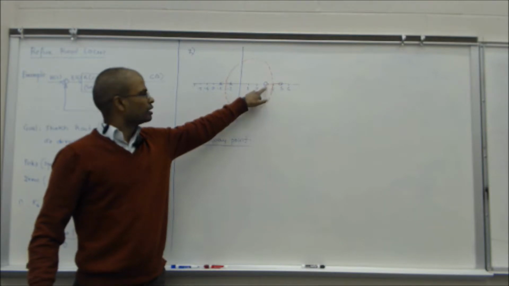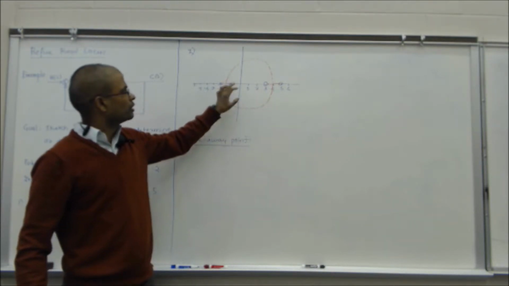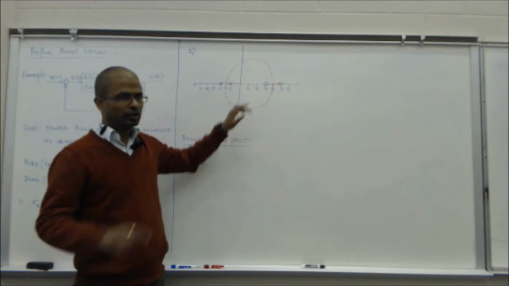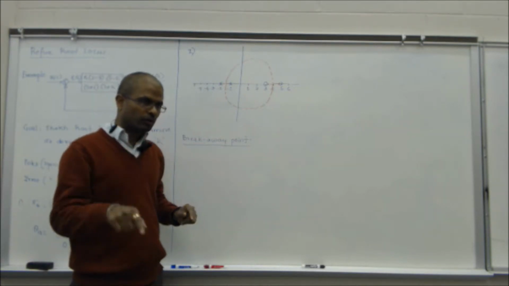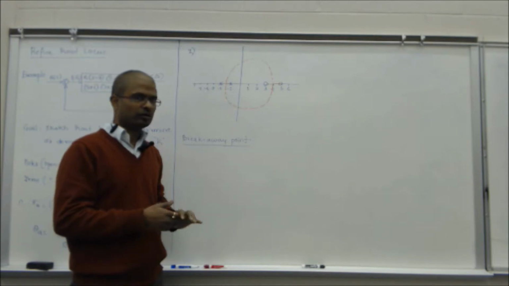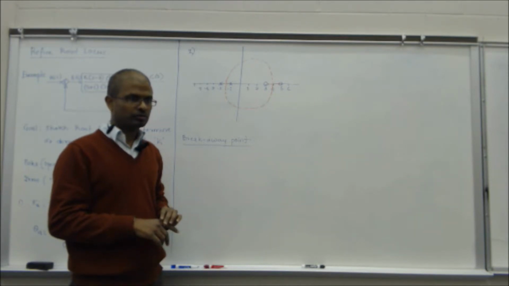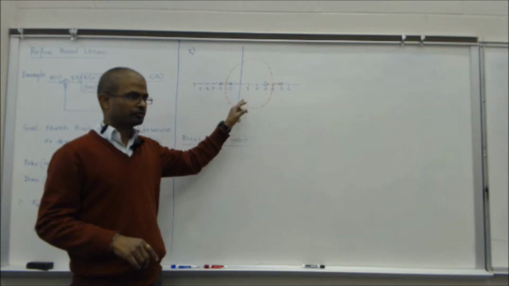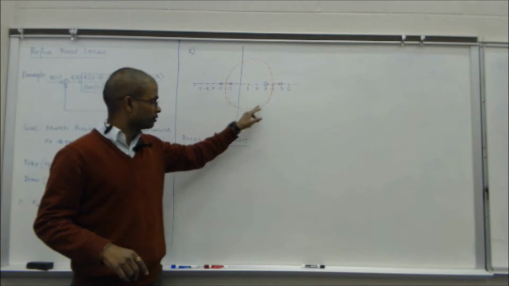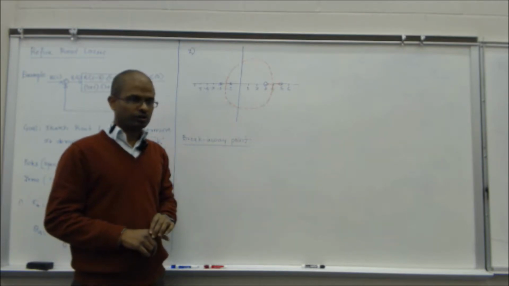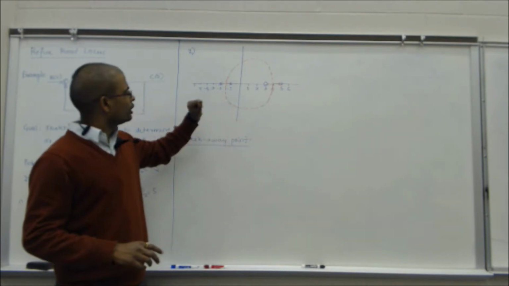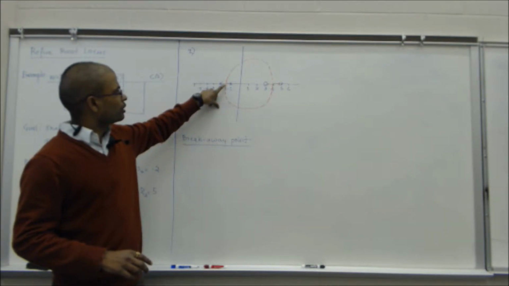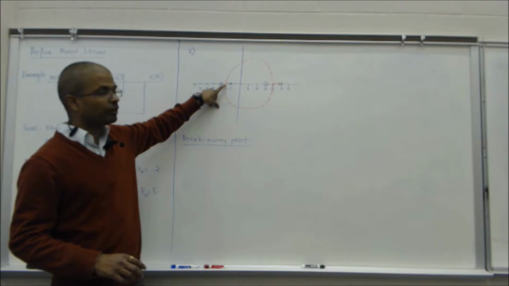Okay. Now you can do this as well. Yeah. The locus will remain the same. It will not change. Right? This path will not change. Even if you do this, the locus will not change. But what you need to know is, we need something called a breakaway point.